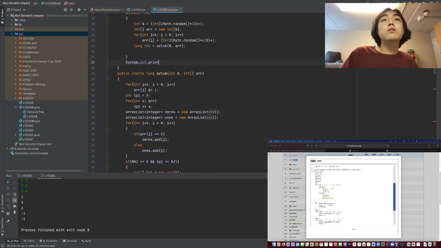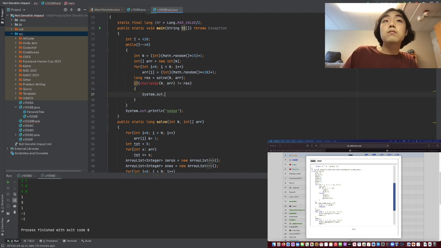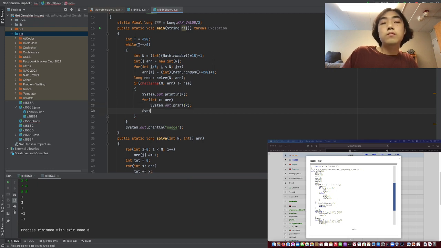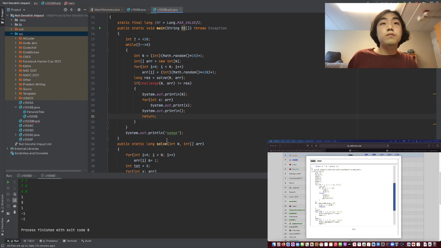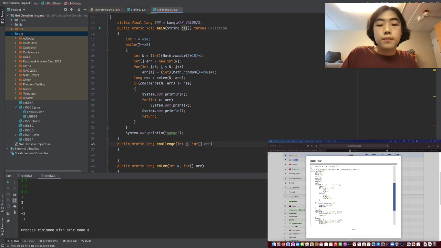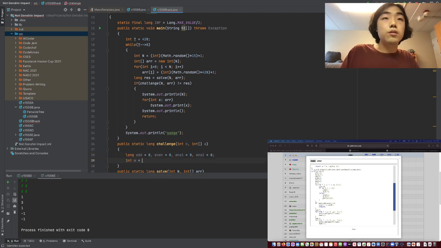And then we do, okay, N A. So long odd is equal to 0, even is equal to 0, ans1 is equal to 0, ans2 is equal to 0, and W is equal to 1.